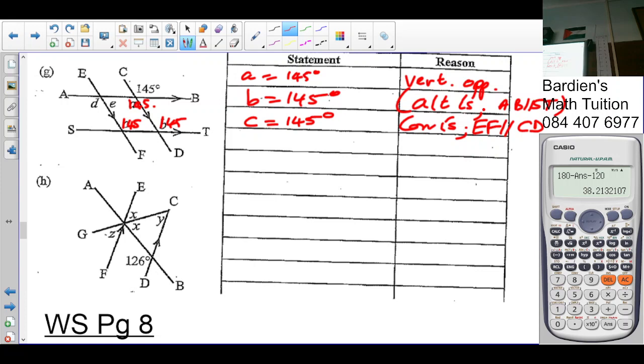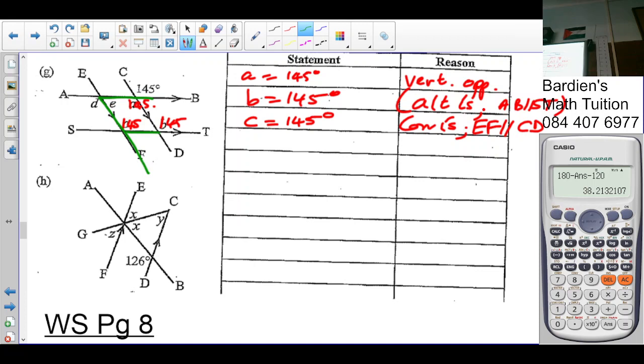What can you calculate now, Michael? E. How are you going to calculate E? Nice. Why? Okay, so the corresponding is the F. Not so?